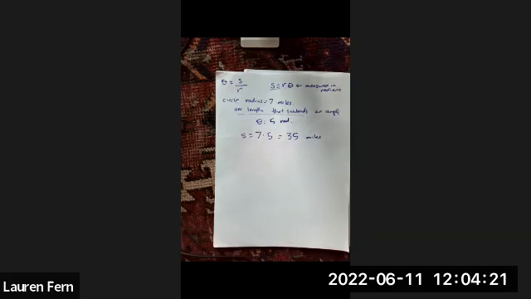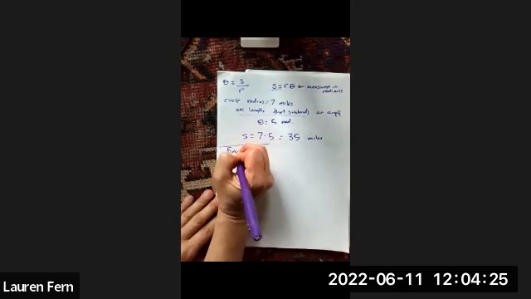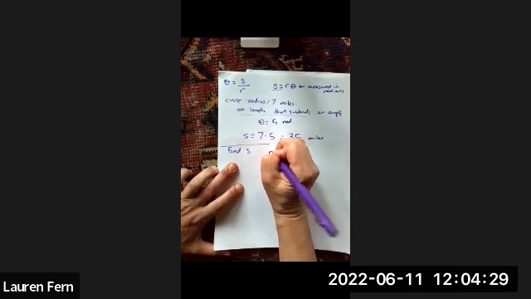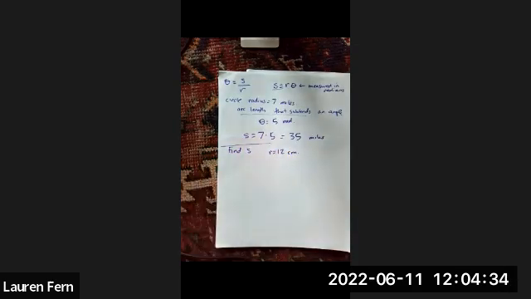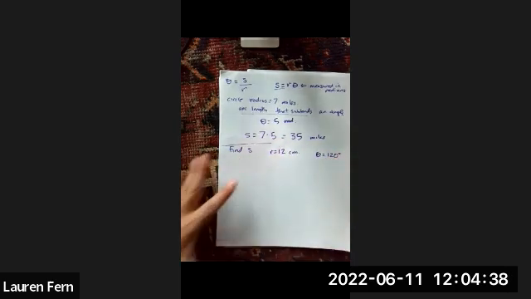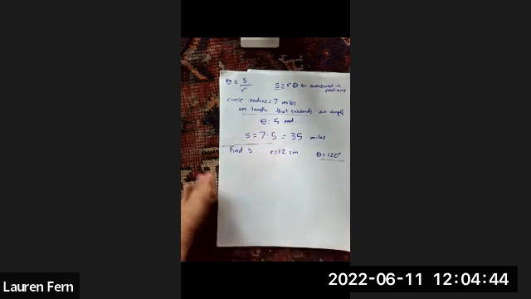Okay, now let's take another one, but now I'm going to want to find my arc length, but now I'm going to have the radius of my circle be 12 centimeters. And now I'm going to tell you that my angle is 120 degrees. Okay, so step 1, change this angle measure from degrees to radians.